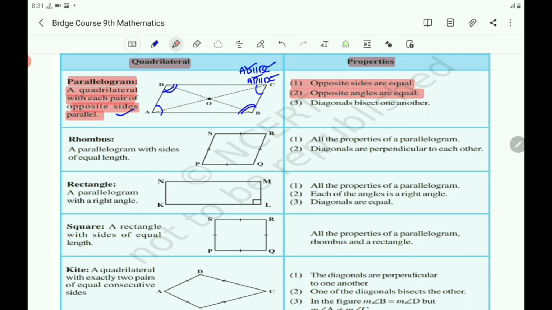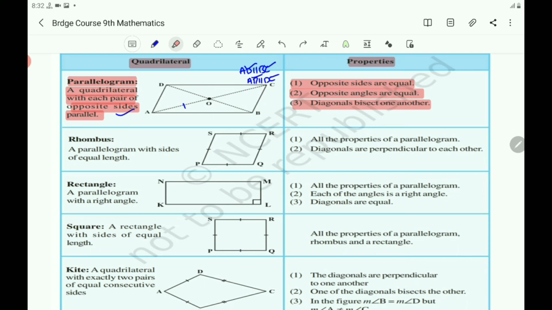And the third common property: diagonals of a parallelogram bisect each other. Here AO equals OC.